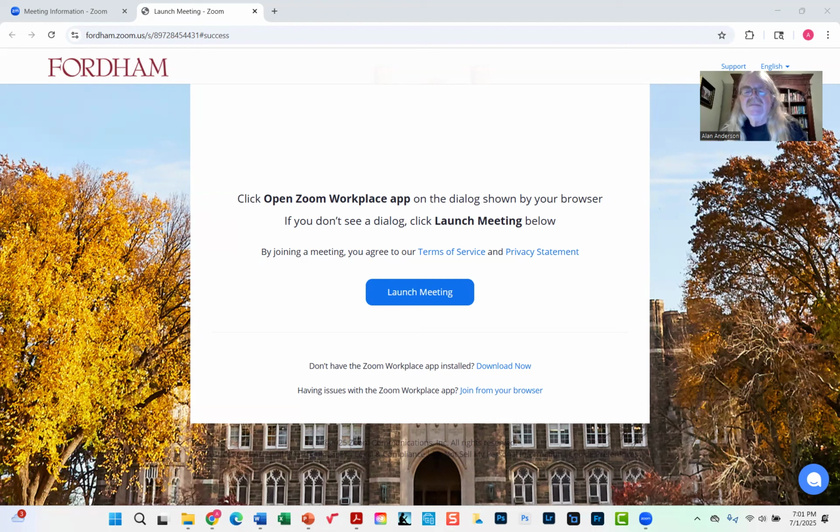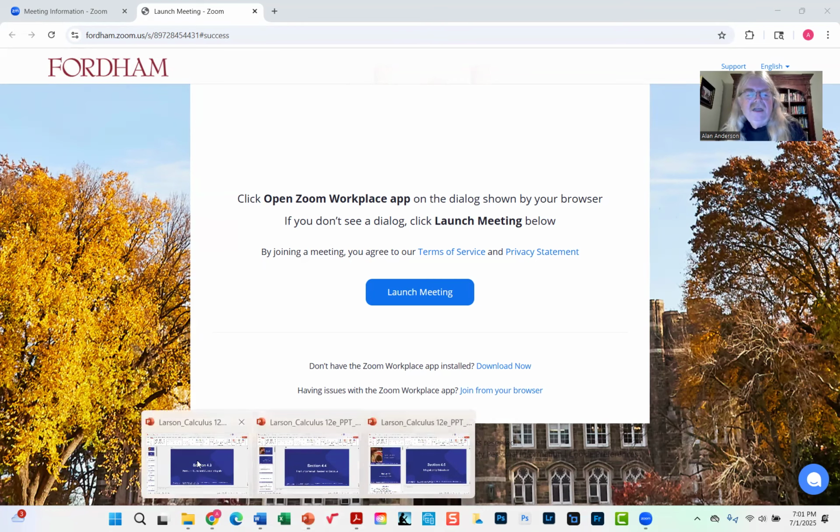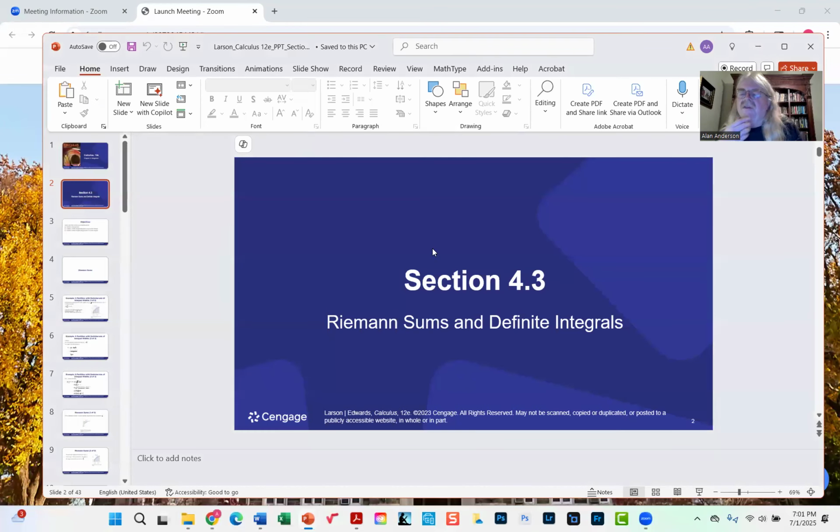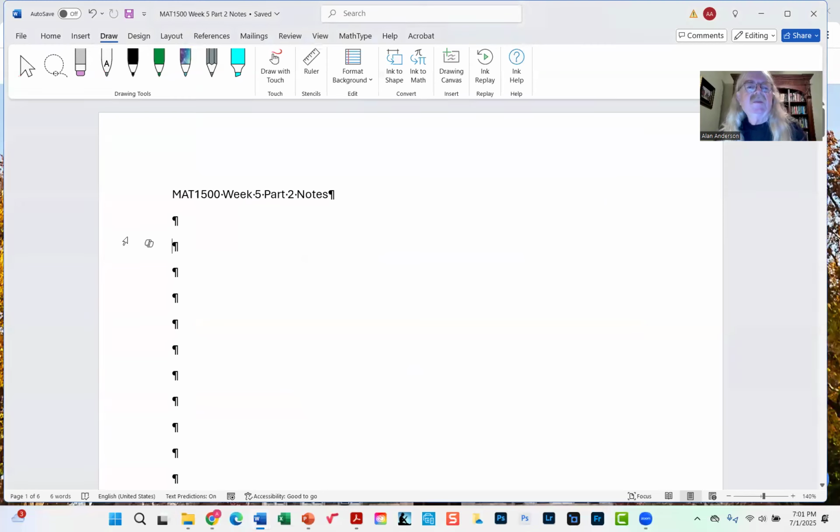So anyway, we're now ready for section 4.3, and this is more of a theoretical discussion. We're going to introduce what we mean by definite integration. There are really two basic types of integration that we might encounter, called definite and indefinite.